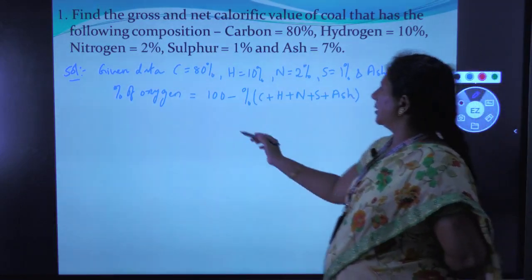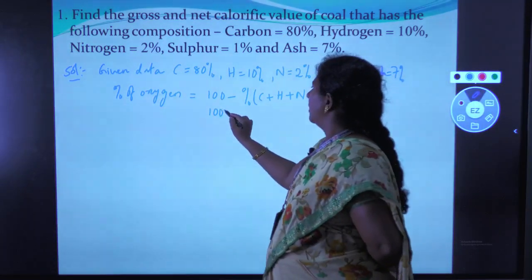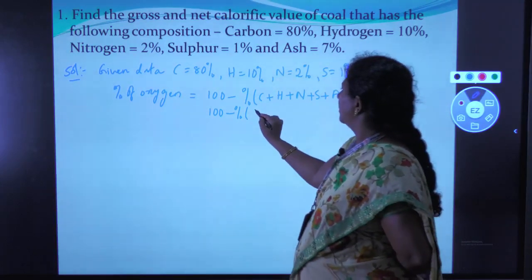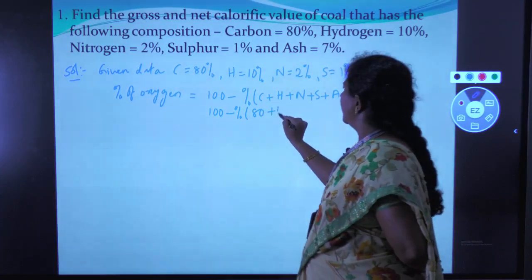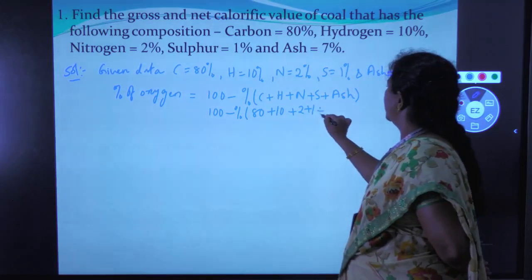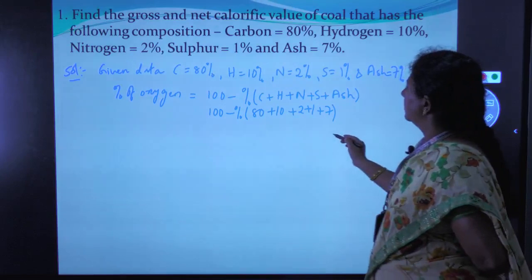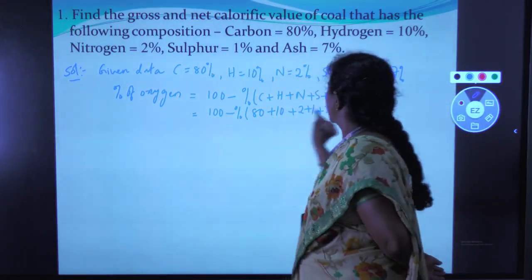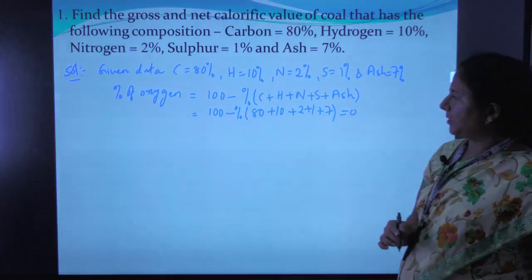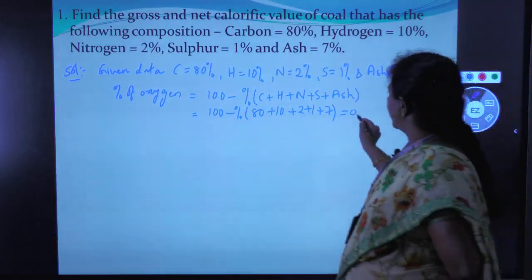So substituting the given data, 100 minus (80 plus 10 plus 2 plus 1 plus 7). So this will be equal to 0. That means there is no oxygen content in the fuel.